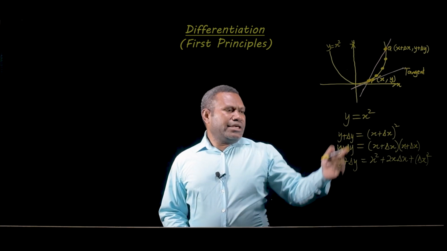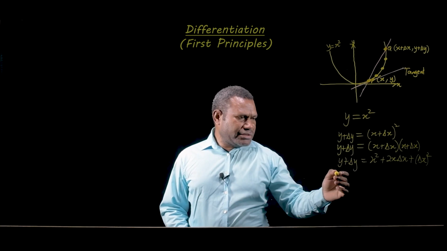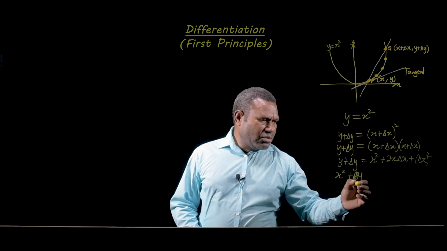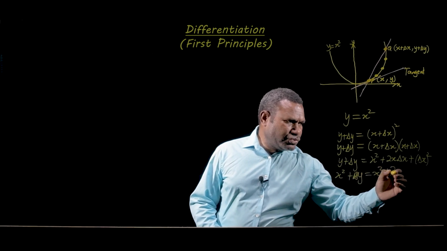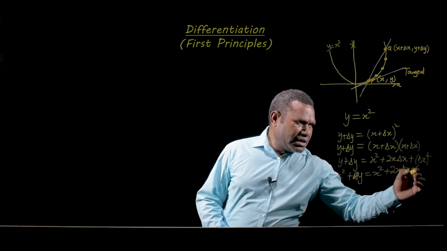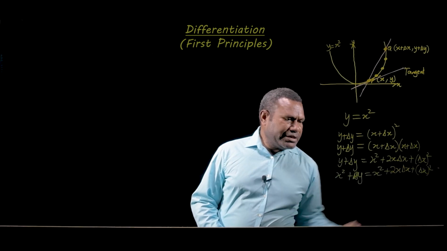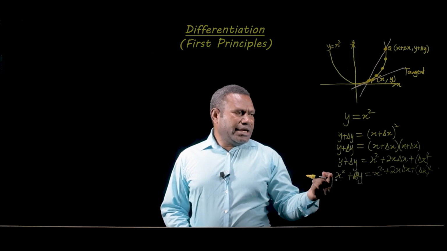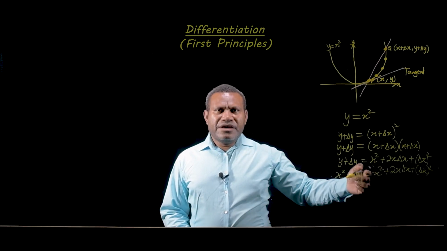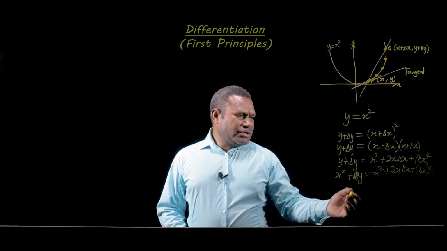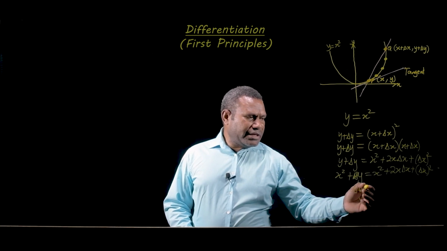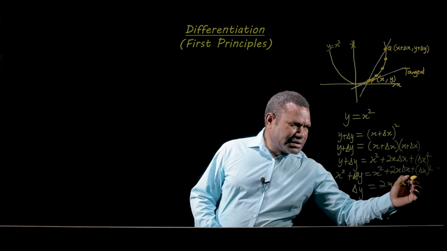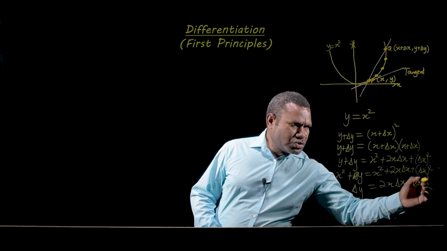I know that this y is representing this x squared, so I can replace this y with x squared. Now if we move this x squared to this side, it is positive, so it becomes a minus and they cancel out. On the right side, we will be left with delta y equals 2x delta x plus delta x squared.